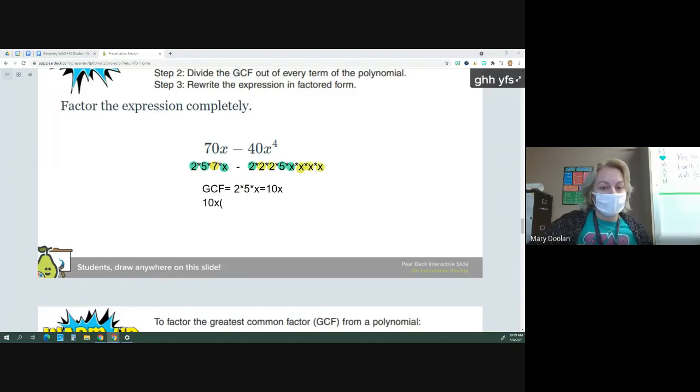So if I wanted to write that out, I would have 7 minus 4x to the third power. It's kind of a terrible 3.